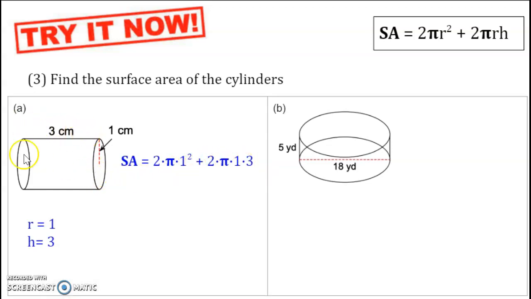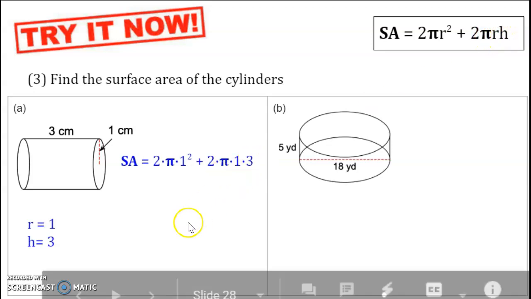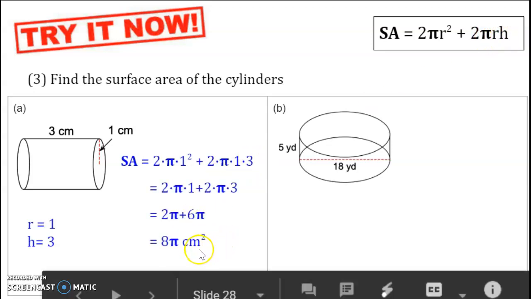The height is 3. Remember, it's 2 pi r h. That should be easy to remember. That's the circumference times height.